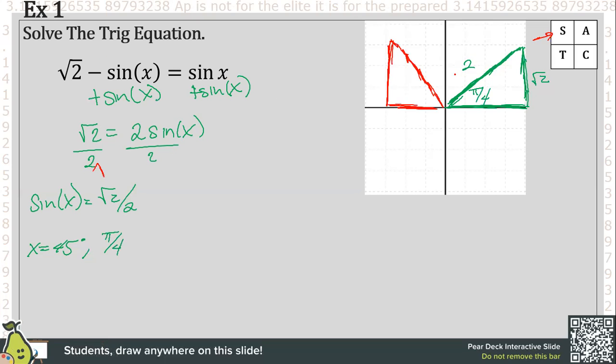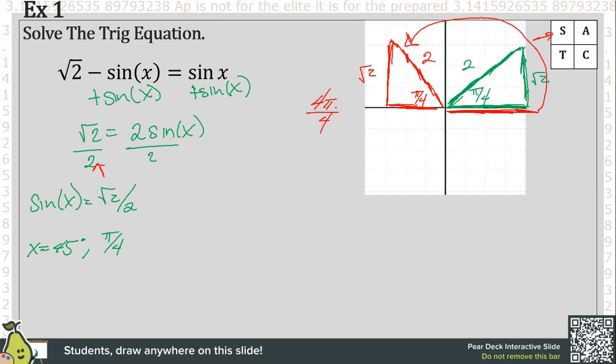This is positive, so my 2 is right here. Once again my reference angle is pi over 4. However, I measure it from the standard position all the way to here, knowing that this is 4 pi over 4.